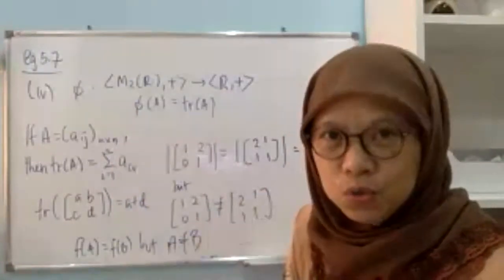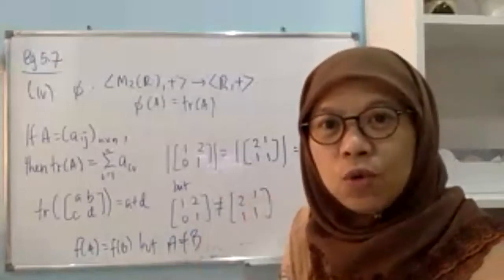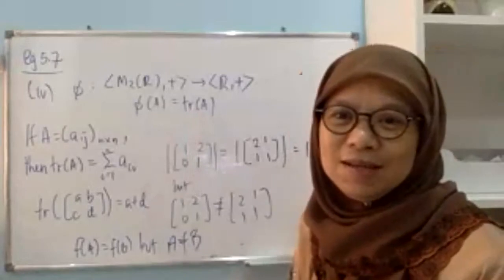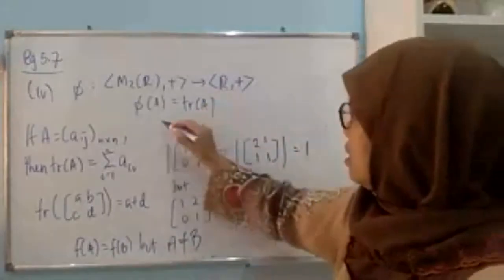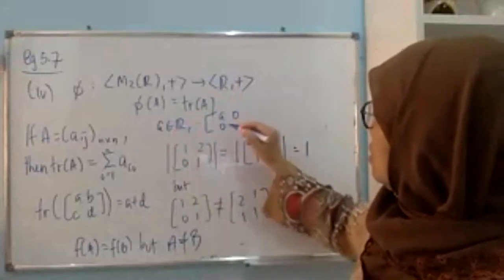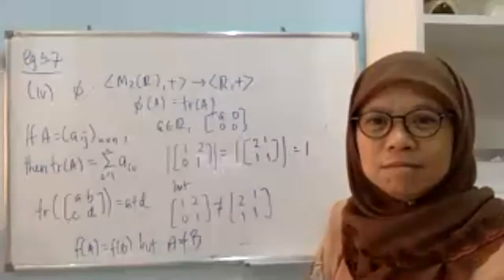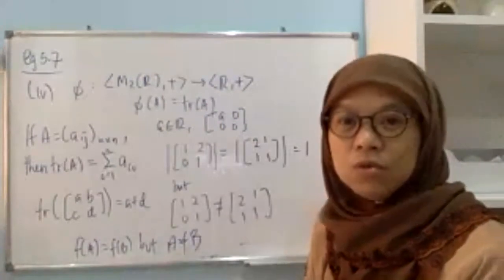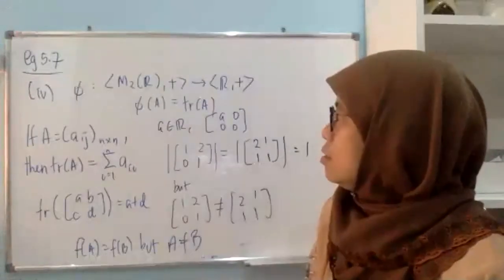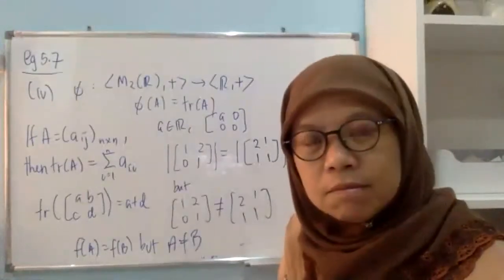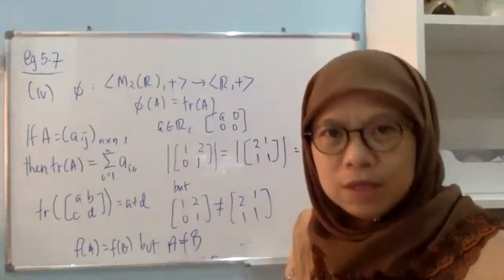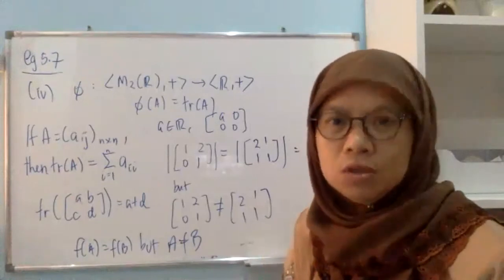No, sorry, it's not 1-to-1, but it is onto, right? So any number A in R, you can just map to this one. So it is onto. There is no exception. So although it is a homomorphism and onto, it is not one-to-one.